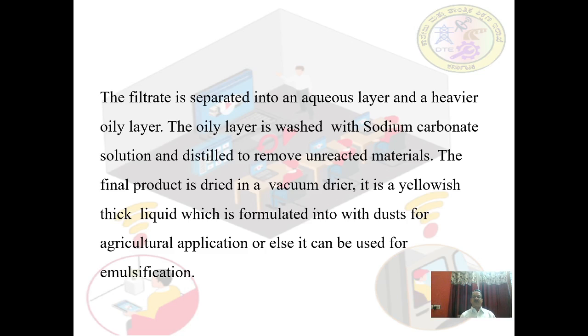The final product is dried in a vacuum dryer. It is a yellowish thick liquid which is formulated into dust for agriculture applications, or else it can be used for emulsification.